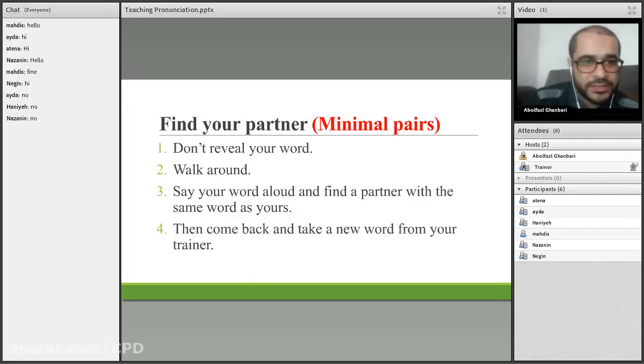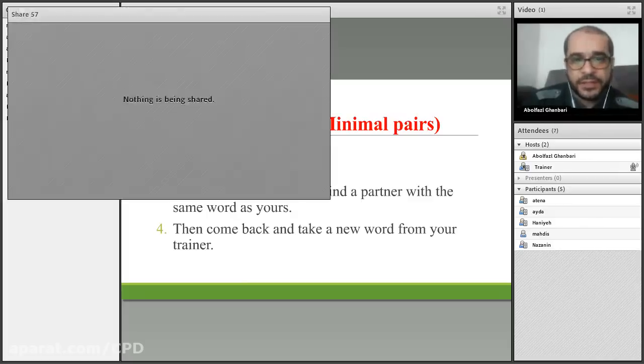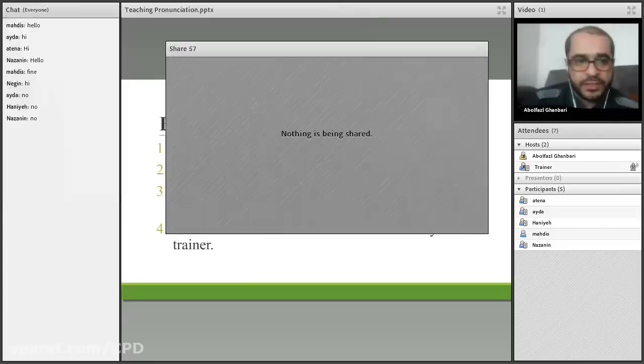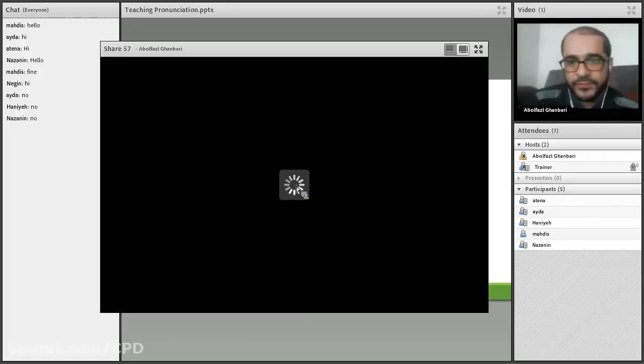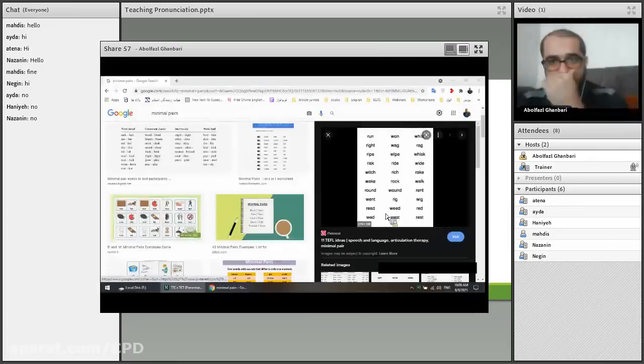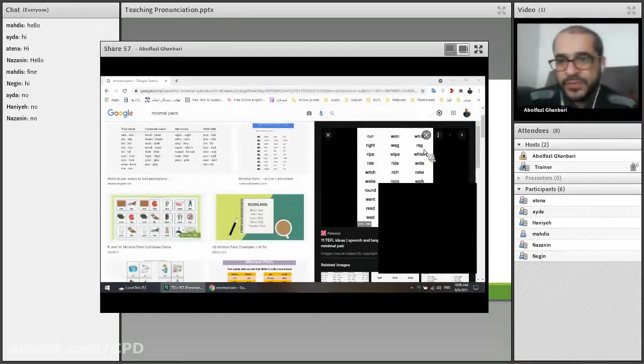Let me show you a list. Minimal pairs are very useful for practicing pronunciation, especially individual sounds. Look at these examples, like run, one, white.